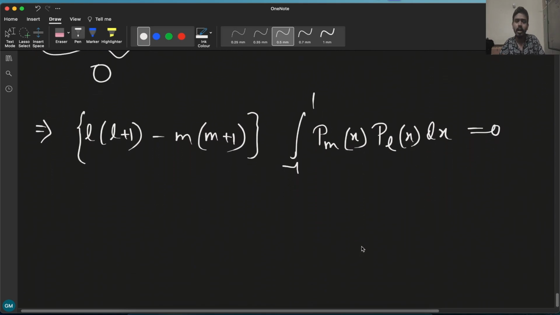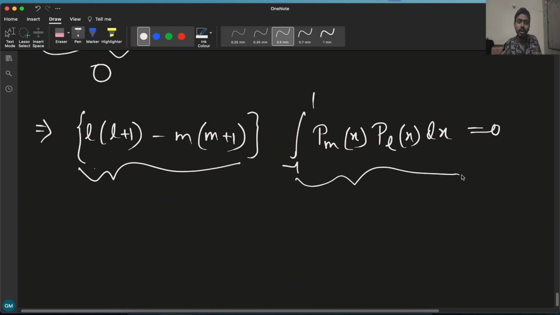Okay, and now what we are assuming is that M is not equal to L. If M equals L, then this term will be 0, and there is no need for this integral to be 0. But if L is not equal to M, in that case this term is not equal to 0. So in that case, this integration from -1 to 1 of Pm(x) Pl(x) dx must be 0.